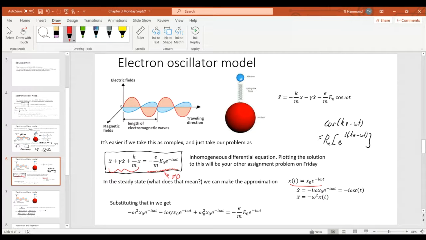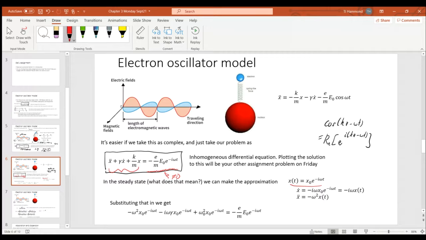So we substitute all those values in, and we get minus omega squared x naught e to the minus i omega t, minus i omega gamma x naught e to the minus i omega t, plus omega naught squared x naught e to the minus i omega t equals minus e over m E naught e to the minus i omega t.